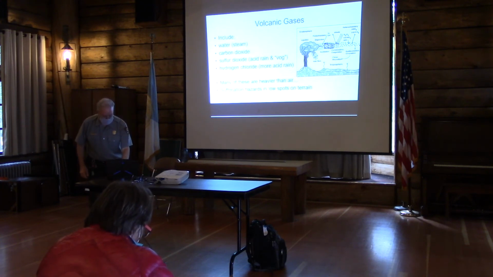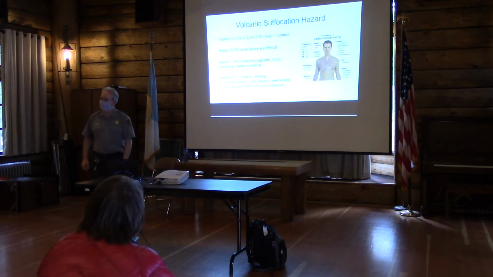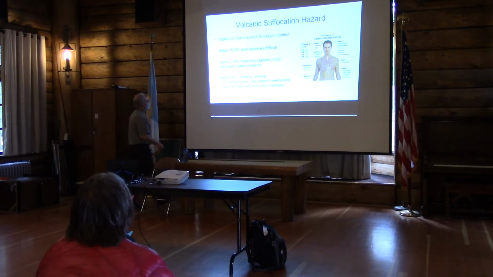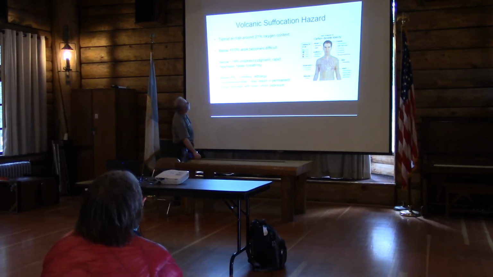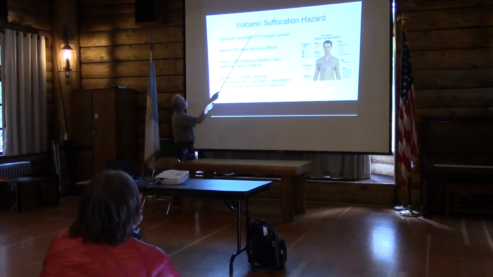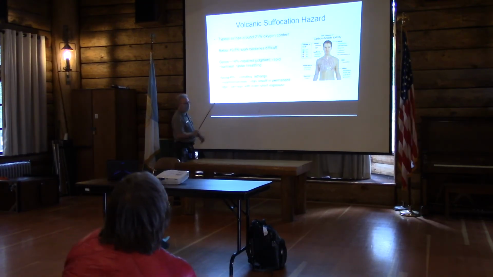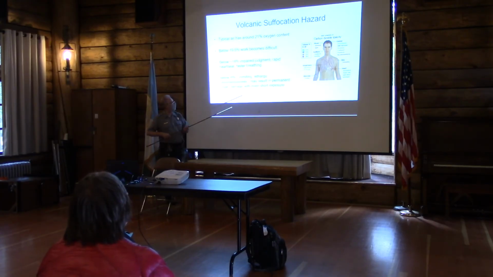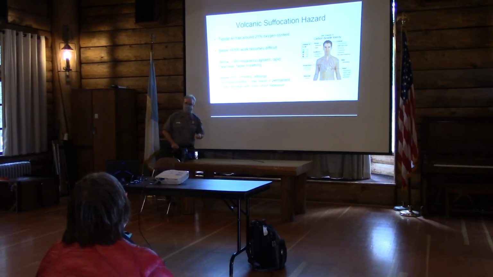Just to throw this out here, more like an OSHA idea, the air in the room we're breathing right now is about 21% oxygen. Even reducing that a little bit, now it's almost like you're up on the side of the mountain, it's getting hard to breathe. Once you get down around 14%, this is where people degrade really, really fast.